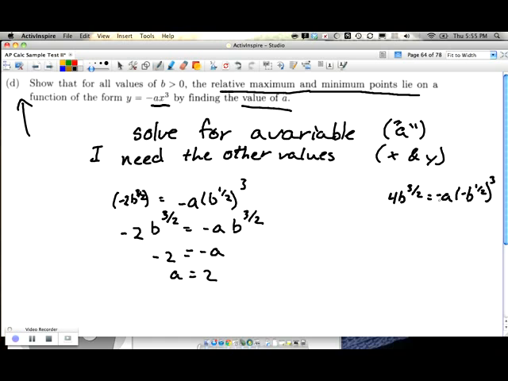If I multiply this out, that means I have 4b to the 3 halves equals positive a times b to the 3 halves. And in this case, when I divide by b to the 3 halves, I get that 4 equals a. Is that the same as what we got over here? Let's double check.